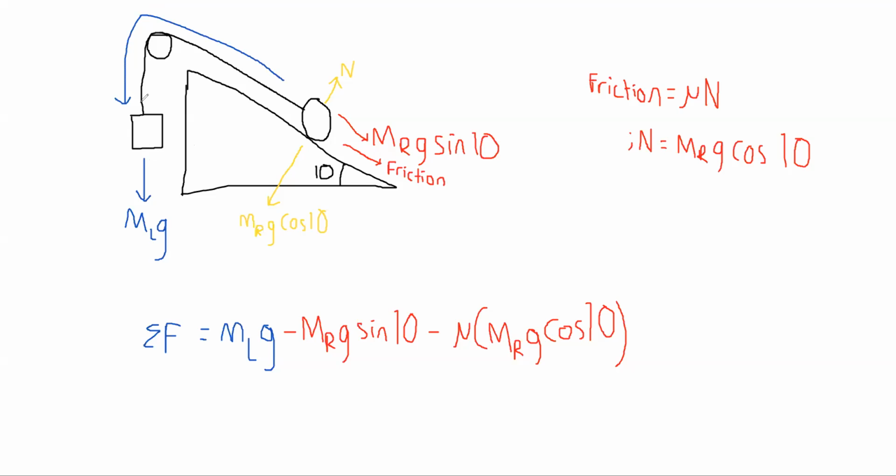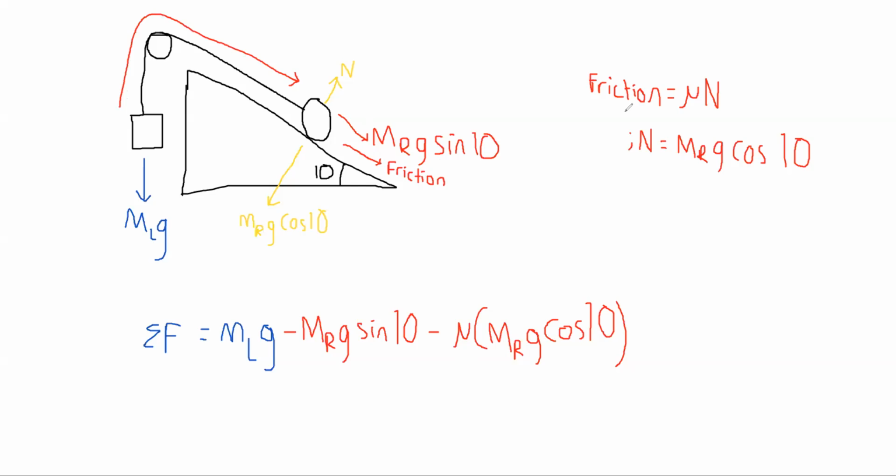At the same time, there are two forces causing the mechanism to go like this. The force that causes the mechanism to go like this is MLG, in this direction. While the two forces that cause the roller to move like this are mRg sine 10 and the frictional force, which is the coefficient of friction times mRg cos 10.